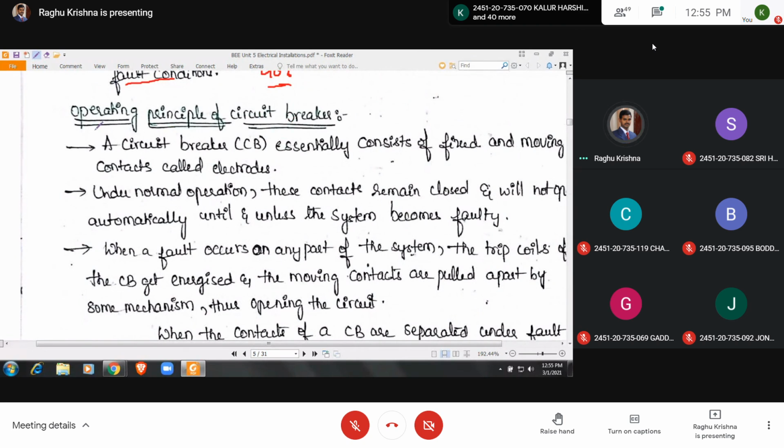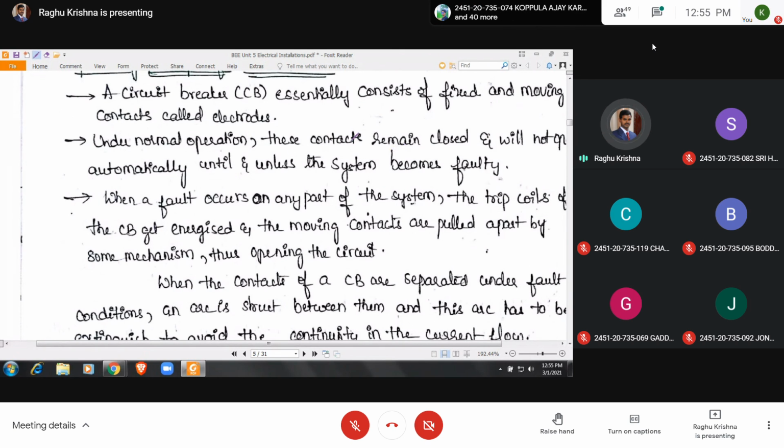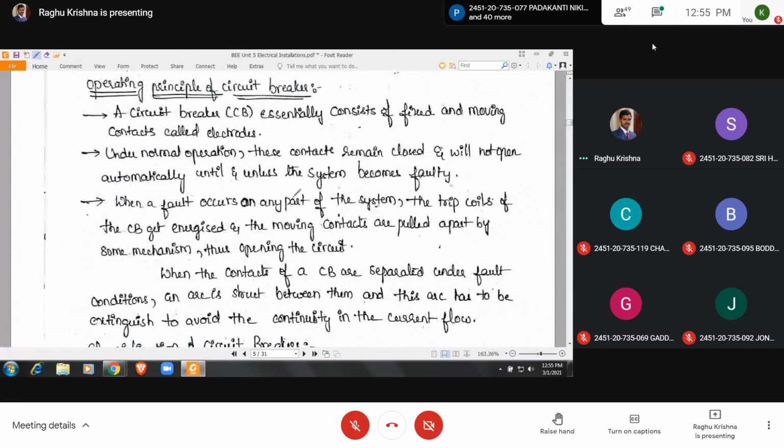Now, the operating principle of a circuit breaker. A circuit breaker essentially consists of a fixed and a moving contact, called electrodes. We have already seen in the MCB video that there is a fixed contact and a moving contact. Under normal operation, these contacts remain closed and will not open automatically until the system becomes faulty.